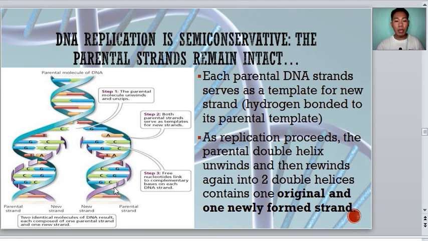So here, the two identical molecules of the DNA result, each composed of one parental strand and one new strand. And that is the reason why it is said that the DNA replication is semi-conservative, because it retains the parental strand intact.